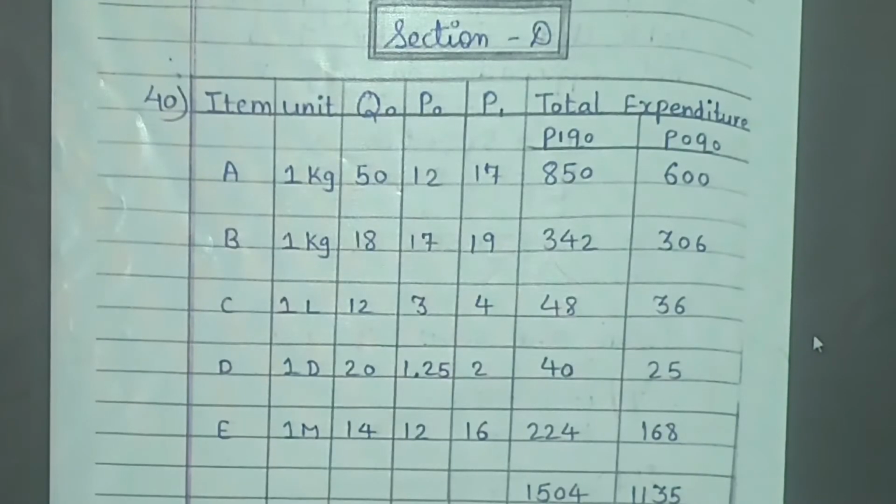Proper presentation should be there, and maximum 50 minutes should be allotted to section D. A single question from section D takes 5 to 6 minutes. You have to complete your question, or sum, within 5 to 6 minutes. So maximum we are going to allot 50 minutes.